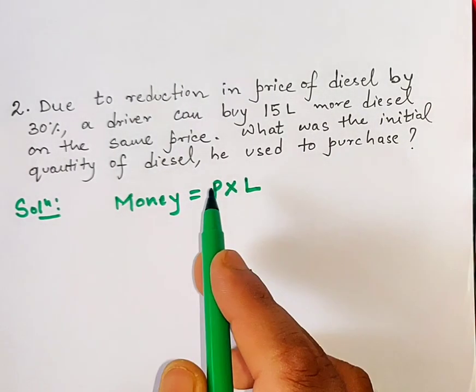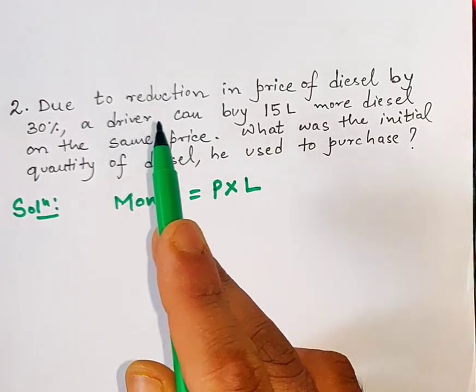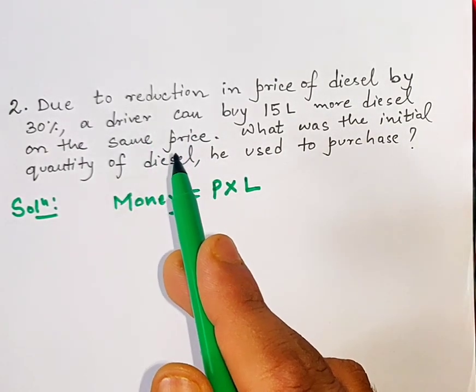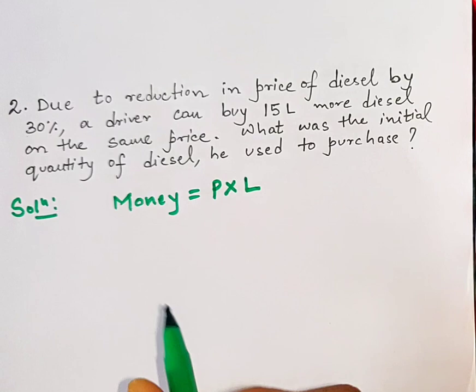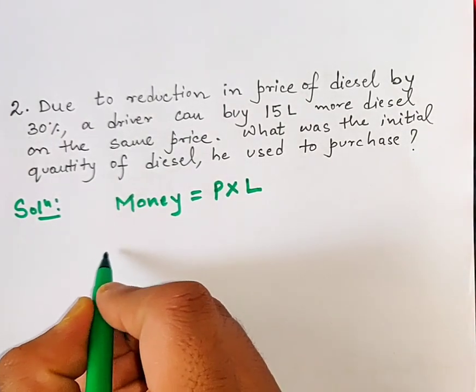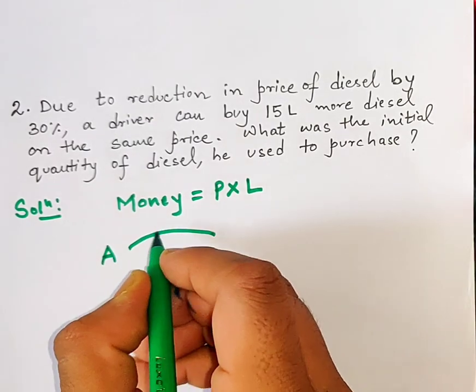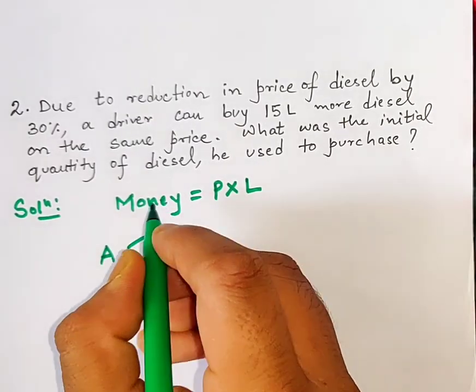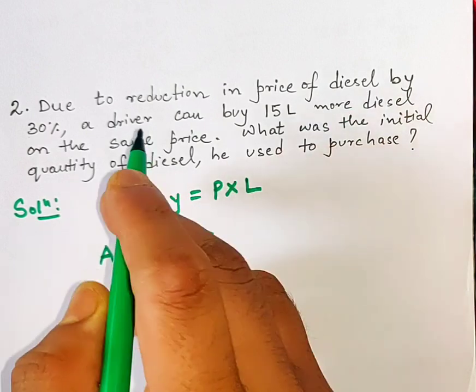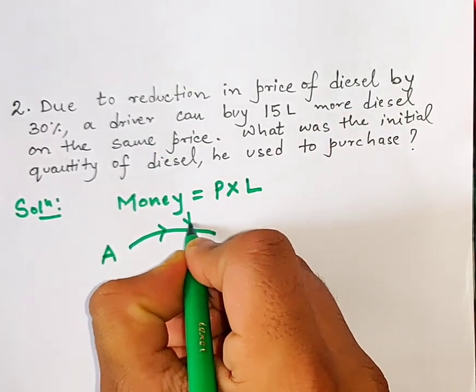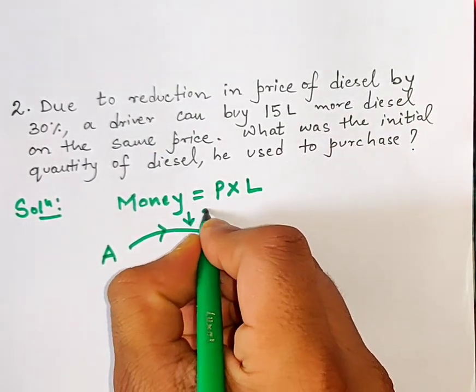Okay, so if the price of diesel decreases by 30%, how much can you increase the quantity? It is the same thing: you have a value and you reduce it by 30%.